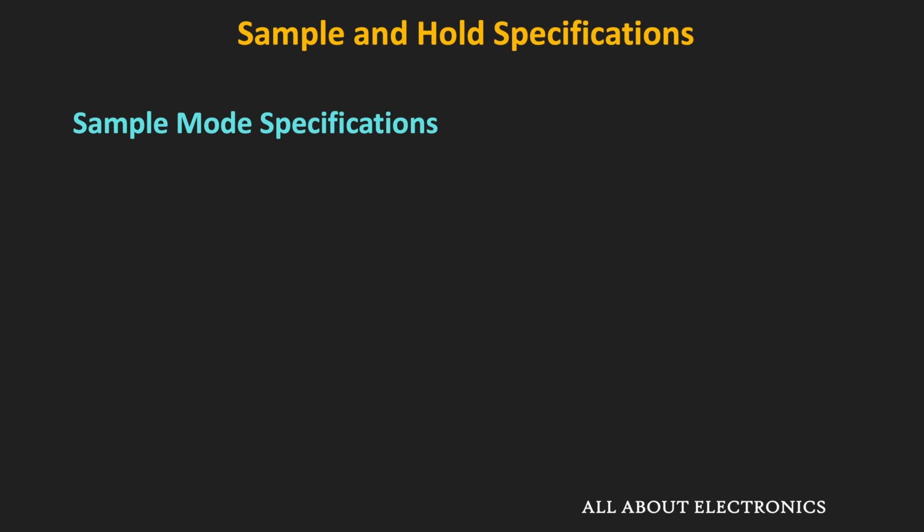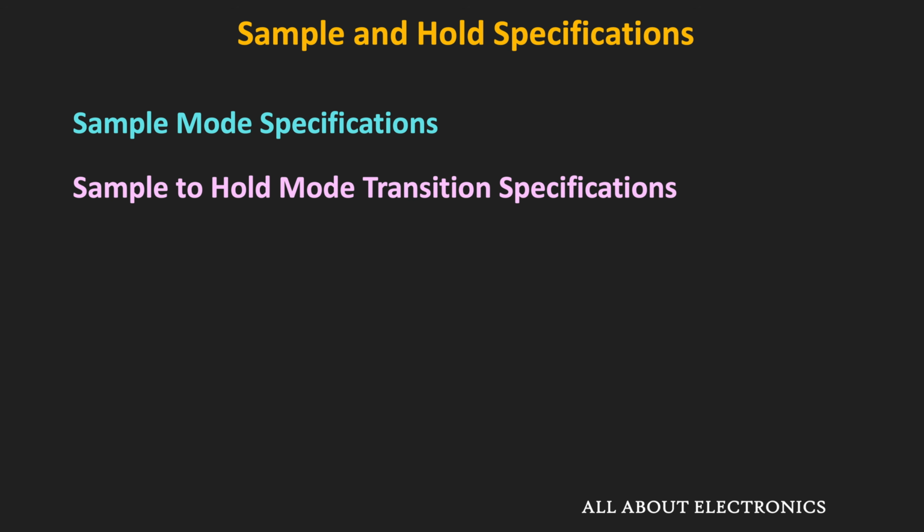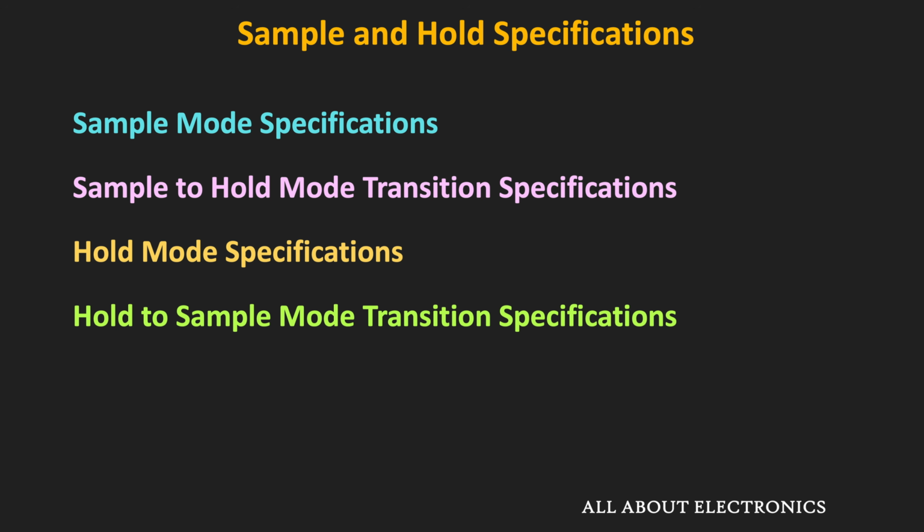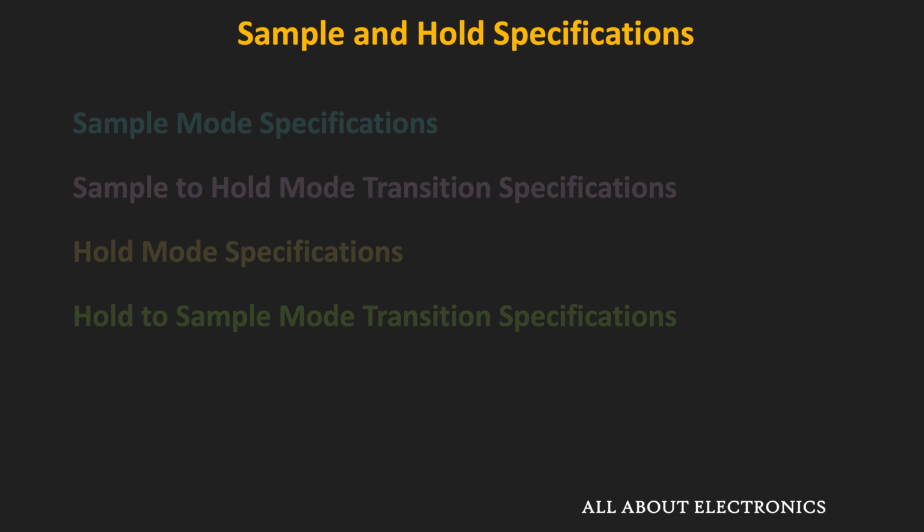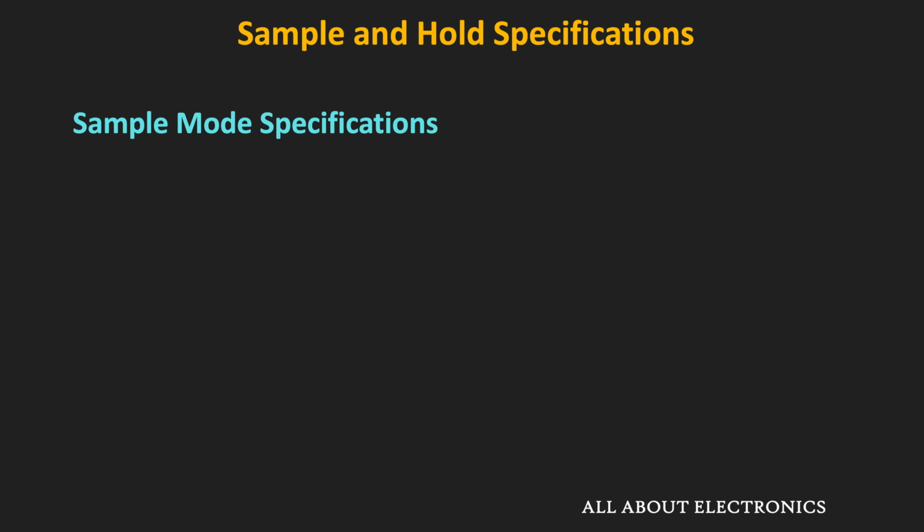The first is when the circuit is in the sample mode, and the second is during the sample to hold mode transition. The third type of specifications are defined for the hold period, and some specifications are defined for the hold to sample mode transitions. So first, let us see the sample mode specifications.